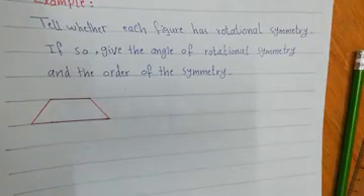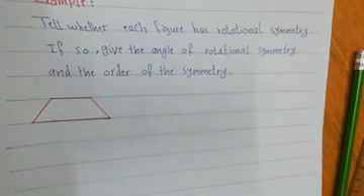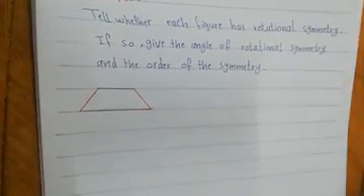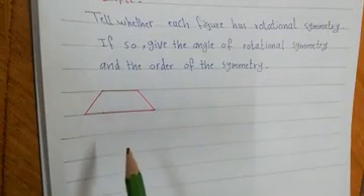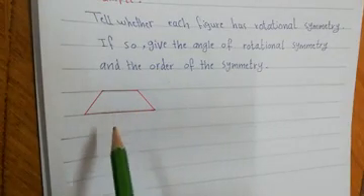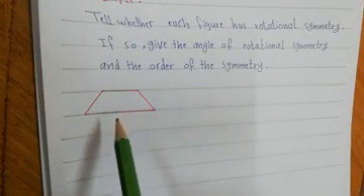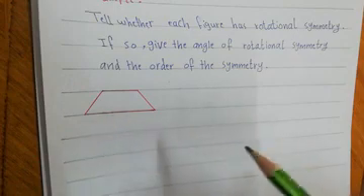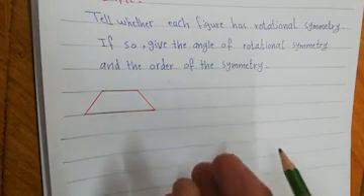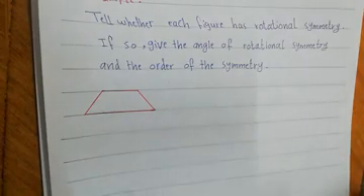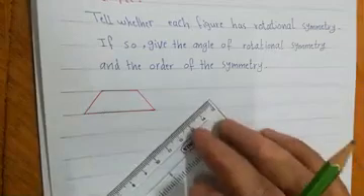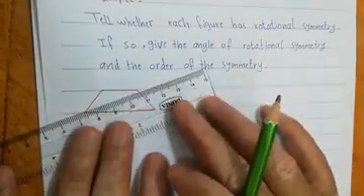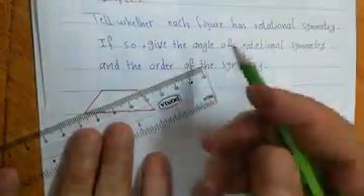If you want to check rotational symmetry, you have to rotate this shape or figure around the center of rotation. Most of the time, the center of rotation, if there is one, you can find by the intersection of the diagonals in the shape.